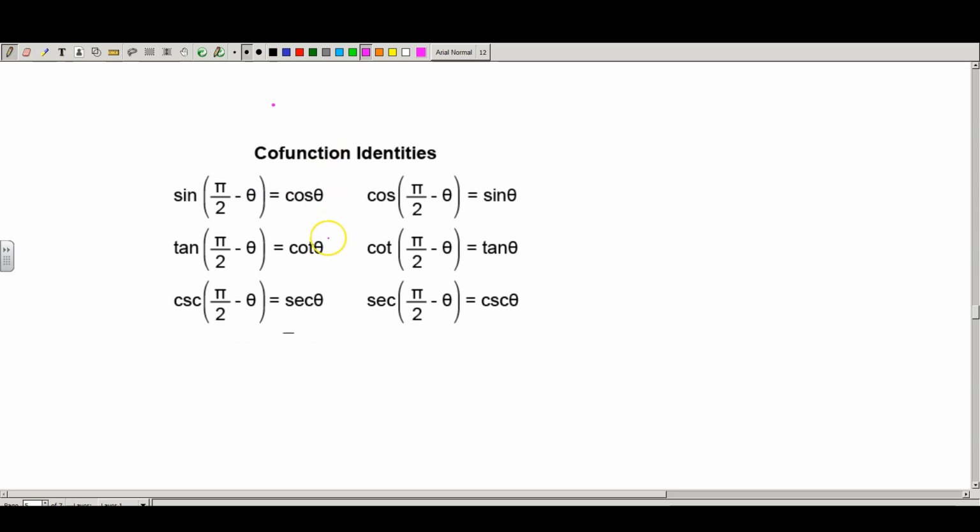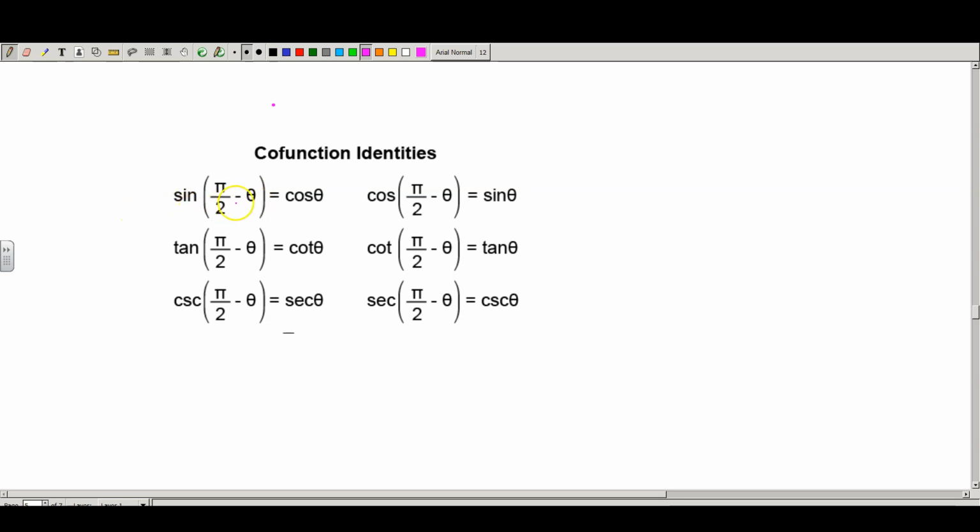Essentially what cofunction identities are saying is that there are trig functions that are equivalent if you just shift the graph over a certain amount of the period. For example, sine and cosine are the same graph. If I just take sine and shift it to the left or to the right a little bit, it's the same thing as cosine, and vice versa.